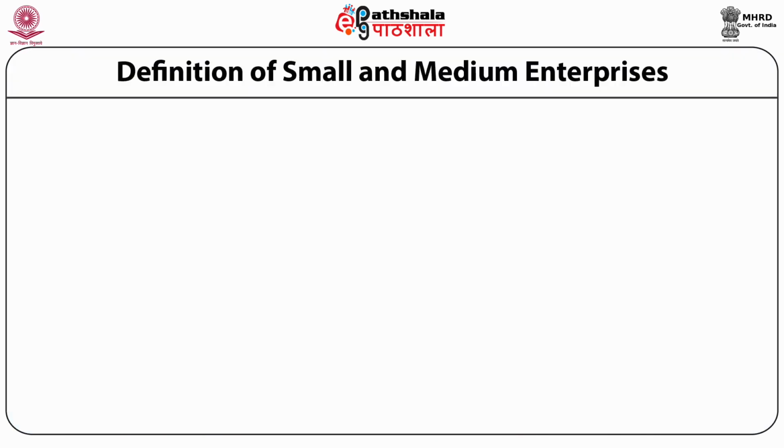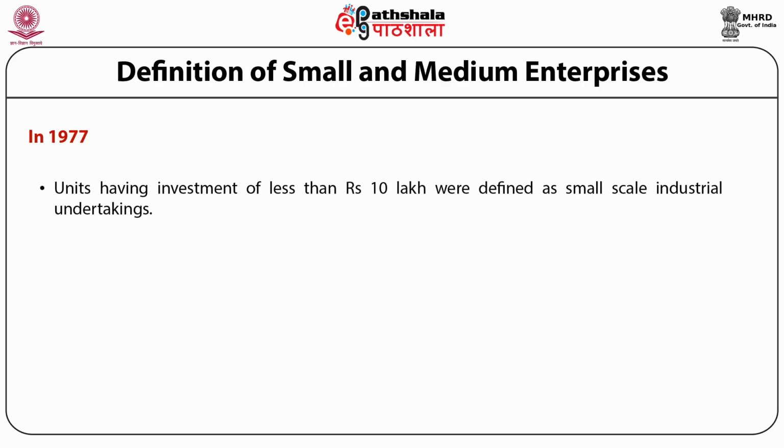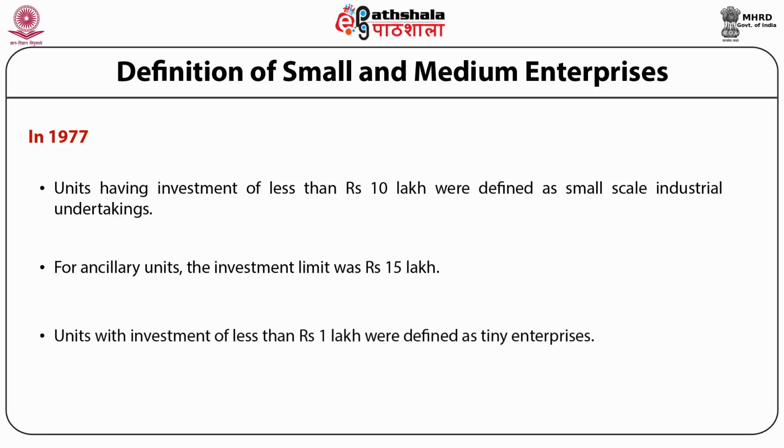Definition of small and medium enterprises. In the year 1977, units having investment of less than rupees 10 lakh were defined as small-scale industrial undertakings, while for ancillary units, the investment limit was rupees 15 lakh. The units having investment of less than rupees 1 lakh were defined as tiny enterprises.